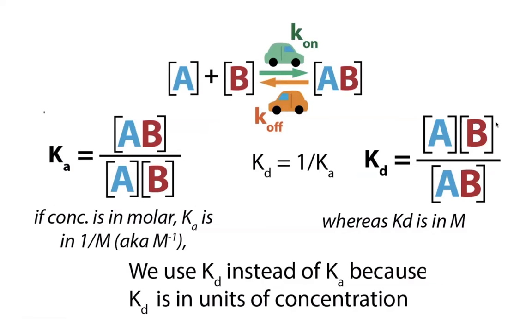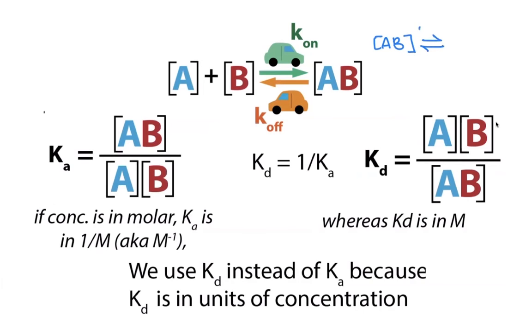What we're doing, we saw here just by taking the inverse of the Ka, but conversely, we can also write it by just rewriting our equilibrium equation. So instead of thinking of it from the perspective of binding, we think of it from the perspective of unbinding.